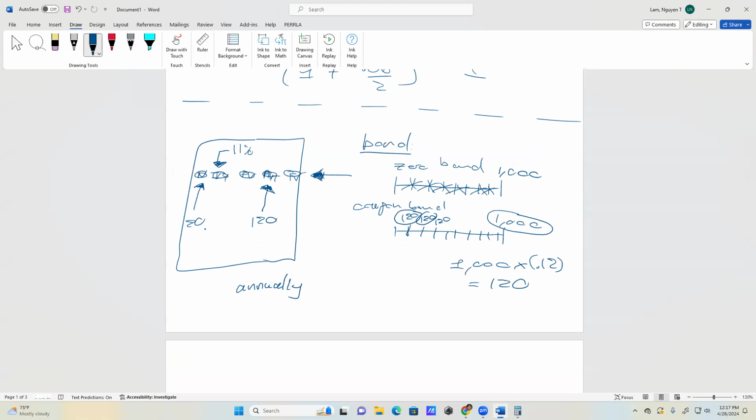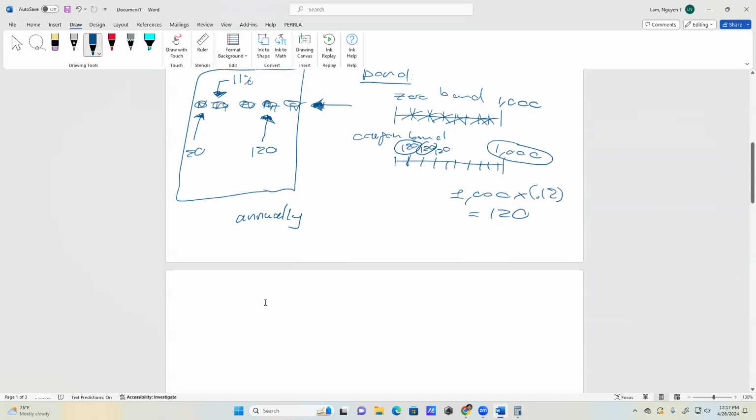It's important because, I will pretend, if it says semi-annually, then there are changes that you will make. You remember this 120, right? 120 right here is the payment for the whole year.